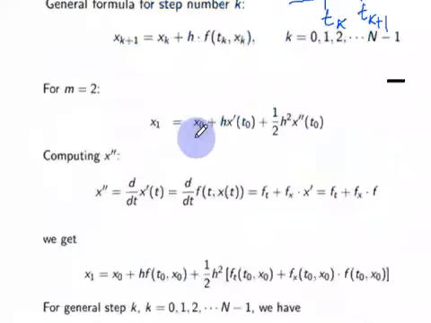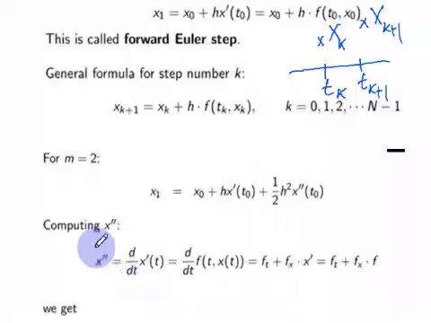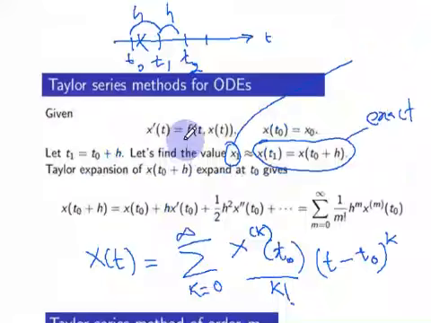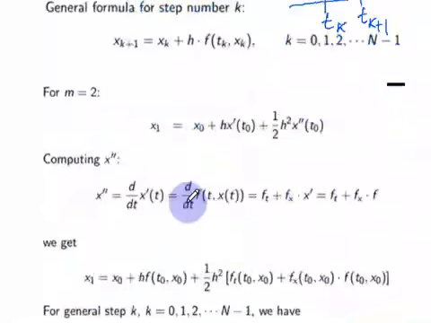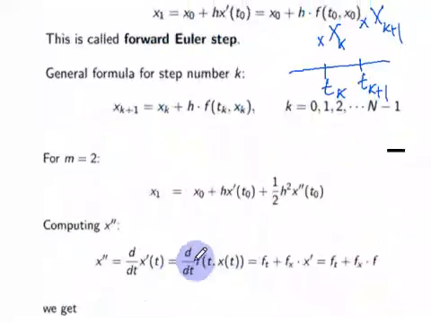Here, look at this, x double prime is equal to the first derivative of x prime. You know that x prime is equal to f of t comma x. So take the derivative of this one.